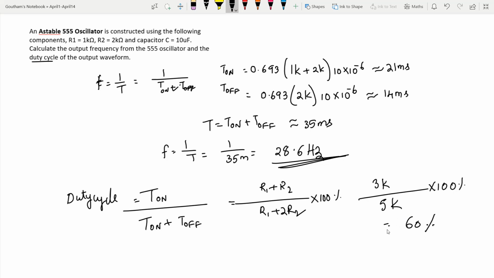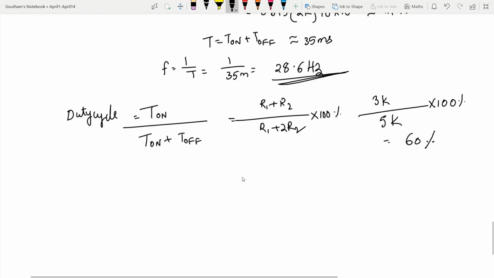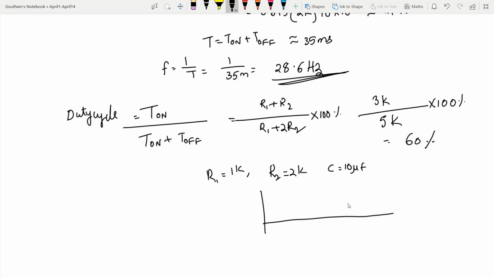So for the given condition, when R1 is 1K, R2 is 2K, and C is 10 microfarad, the output of the 555 IC is a 60% duty cycle square wave. 60% of the time it is on, the rest 40% is off.